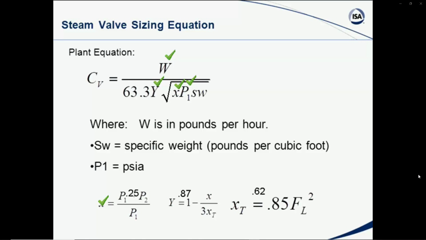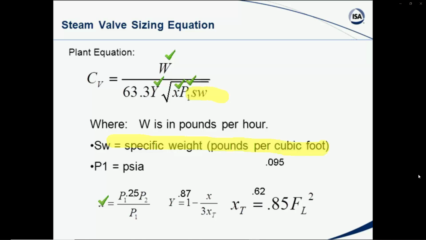That only leaves us one other quantity, called S sub W, the specific weight in pounds per cubic foot. If you look in steam tables, or in other books, you'll find S sub W for this particular situation, at least what I looked up, was a value of 0.095 pounds per cubic foot.